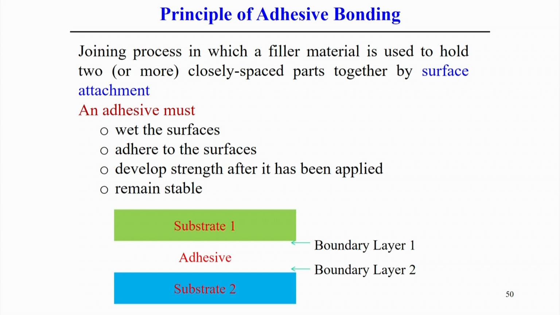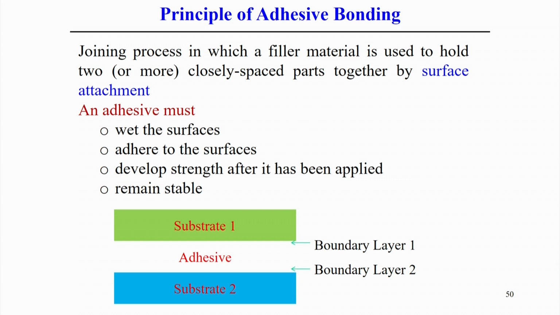The strength of the joint can vary depending upon the nature of the adhesive and its thickness. There may also be other secondary requirements to get a successful joint by adhesive bonding. In principle it follows surface attachment between the two components.